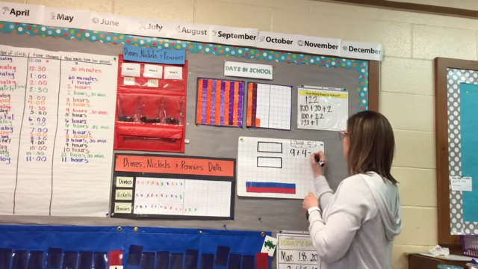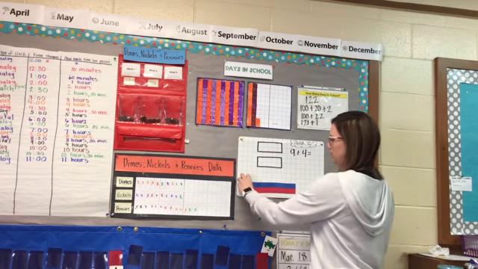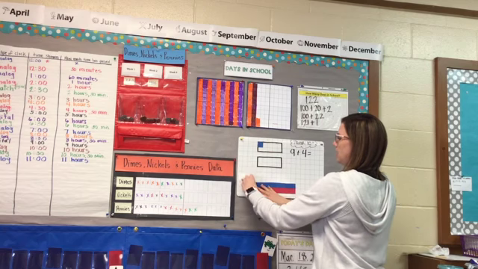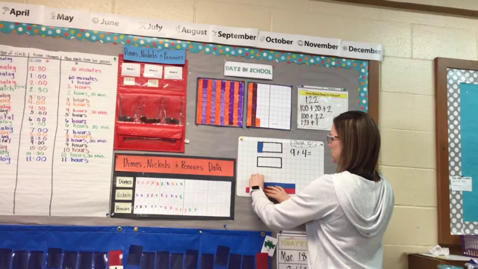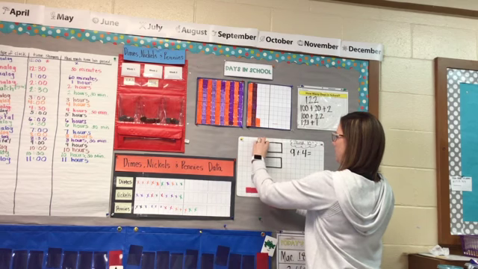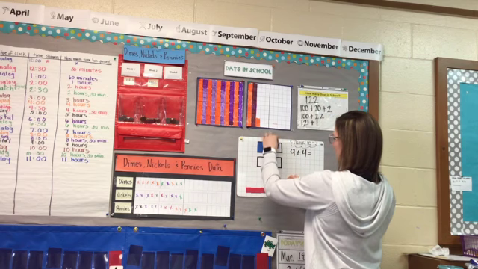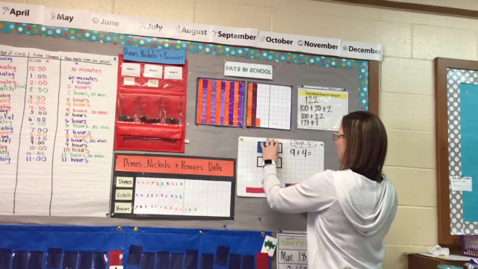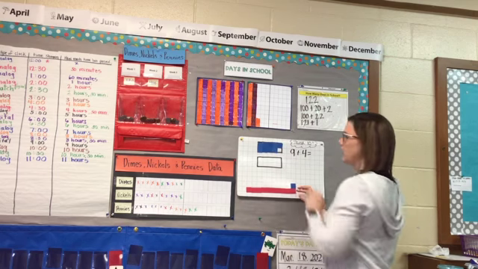So I'm going to take my blue squares and fill in my 10 frame with 9 blue squares. So there's 8, and then I need one more to make a 9. All right, so there's my number 9.